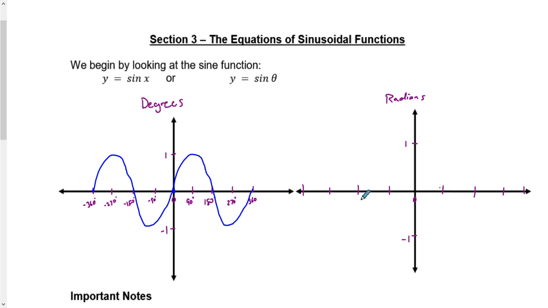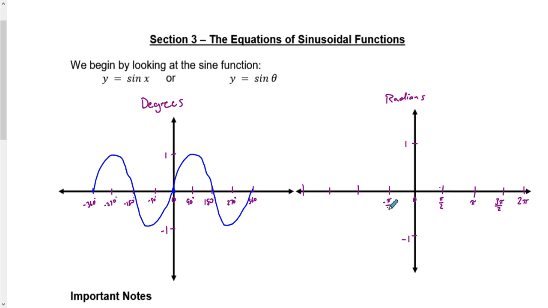The only difference, though, is 90 degrees in radians is pi over 2, or about 1.57. 180 degrees, as we had done in section 1, is pi. So pi over 2, and therefore 360 will be 2 pi's, or 6.28.